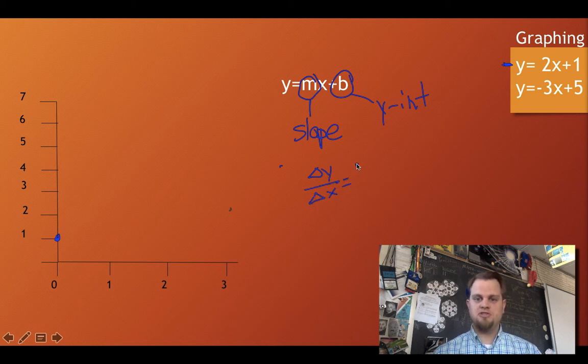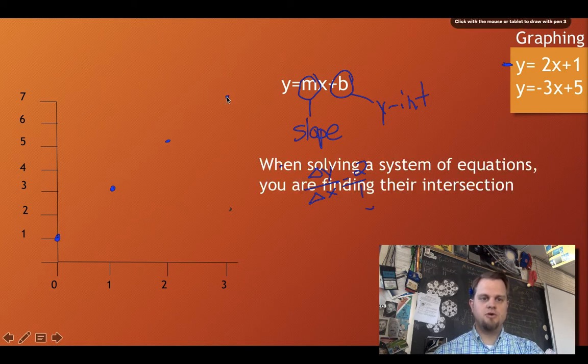So if the slope is 2, that's the same as 2 over 1. That means the y increases by 2 for every increase in 1 on the x. So if I increase 1 in x, I have to go up 2, right? So my y went up to 3, and my x went up to 1. So then I go up 2 and over 1 again, and up 2 and over 1 again.